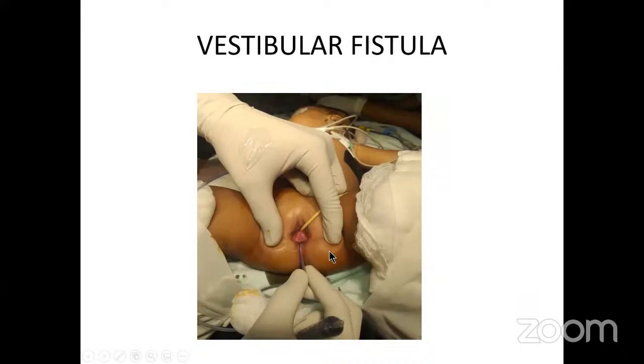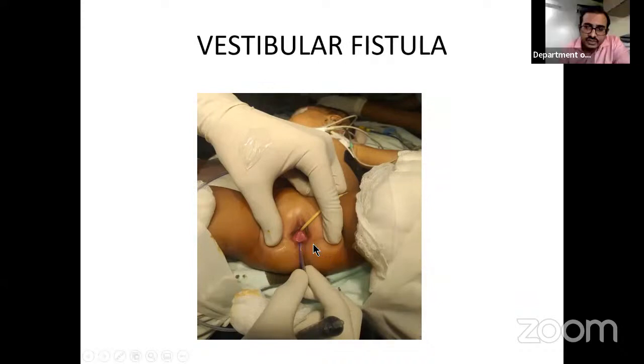Yes. So this is also a vestibular fistula. You can see there is a catheter in the urethra. This is an intraoperative picture just before OT. Here is the vagina, and here I have put an infant feeding tube in the fistula.